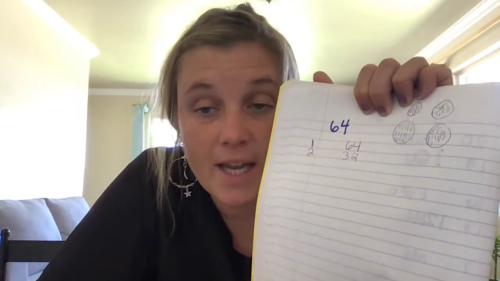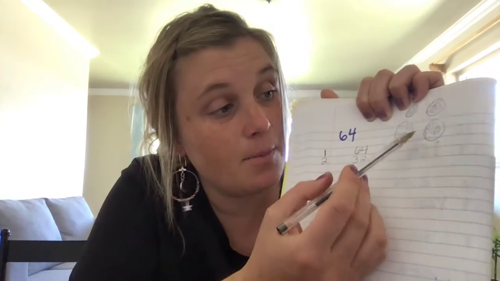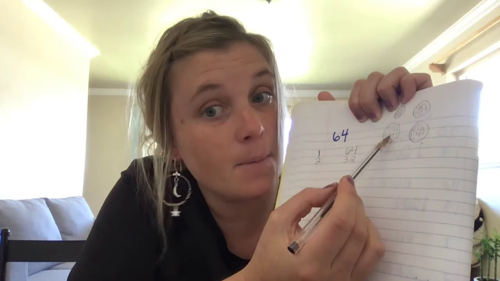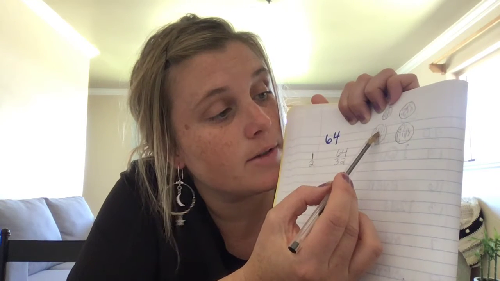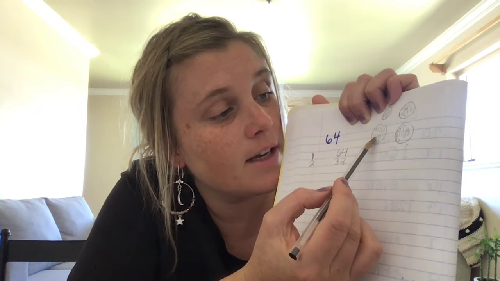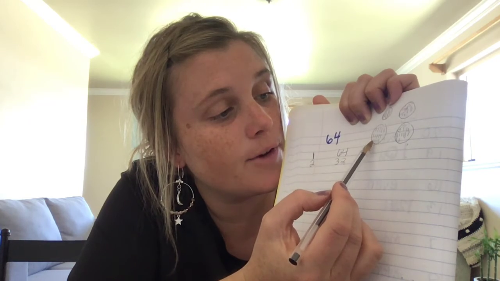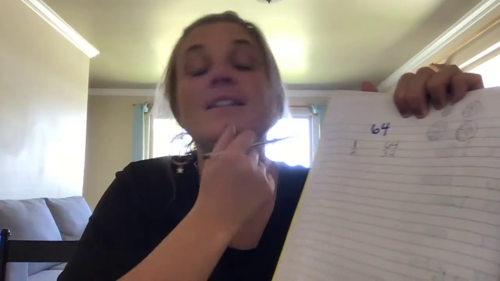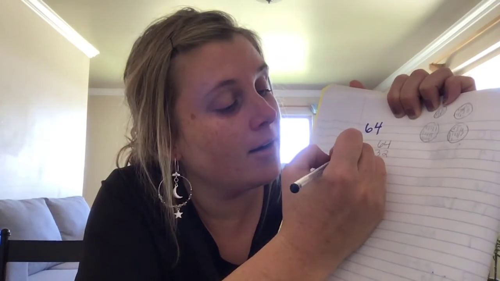Okay, pause me if you're not done. So we had 64 and we divided it by 4. We had 4 circles. How many is in each circle? 1, 2, 3, 4, 5, 6, 7, 8, 9, 10, 11, 12, 13, 14, 15, 16. So 4 and 16.